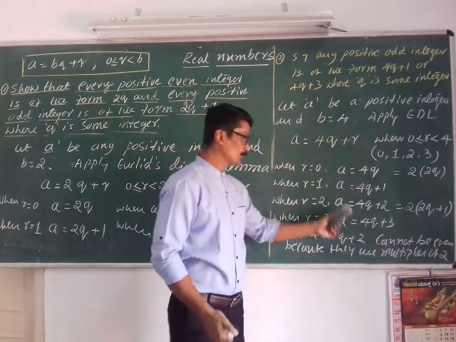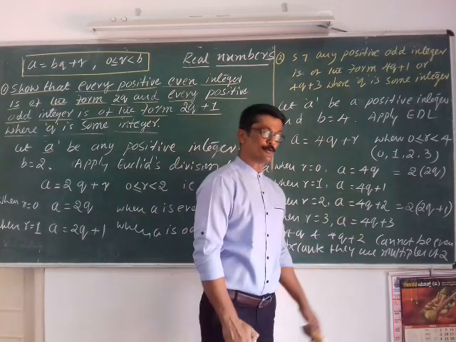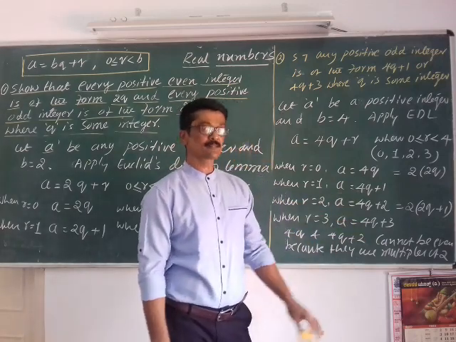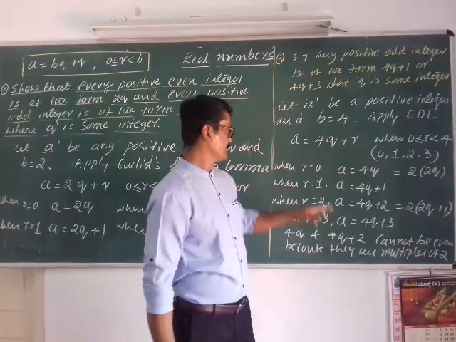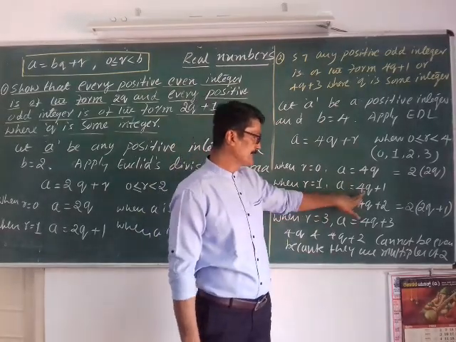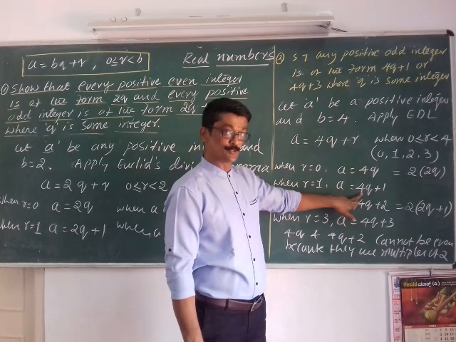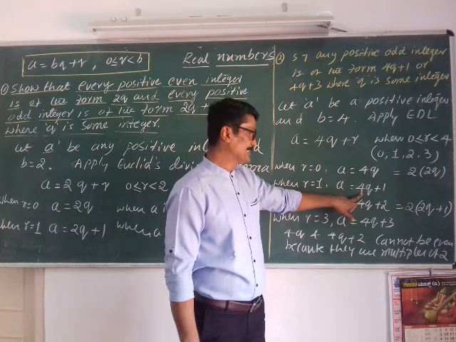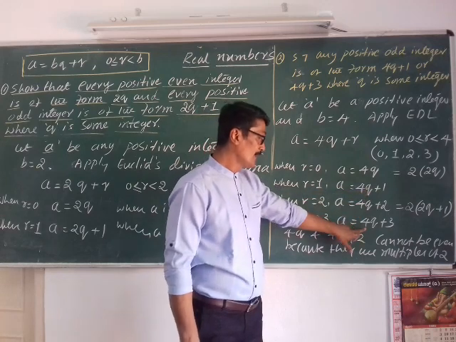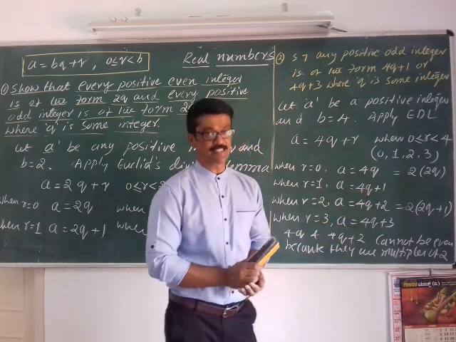What about the remaining two? 4q plus 1 and 4q plus 3 are not multiples of 2, therefore they are odd. So you can show an odd positive integer as 4q plus 1 or 4q plus 3.